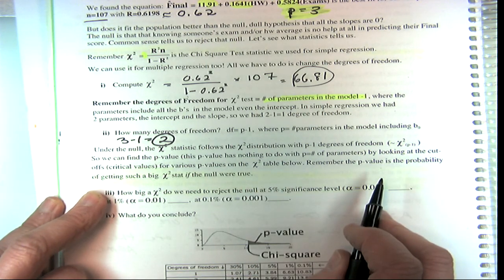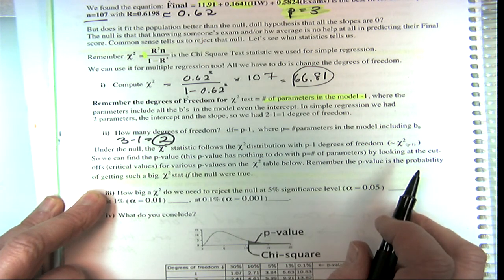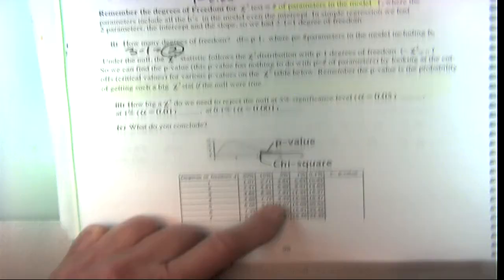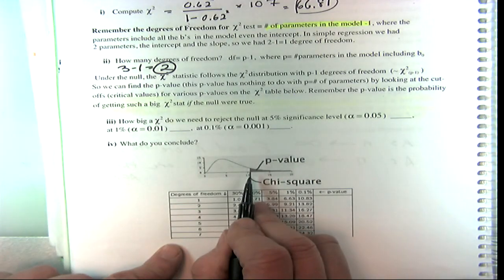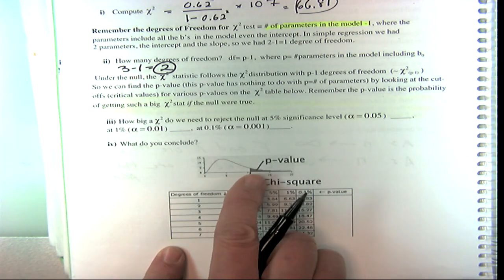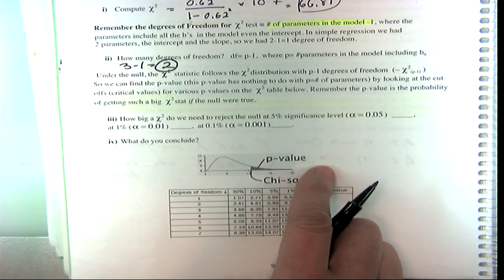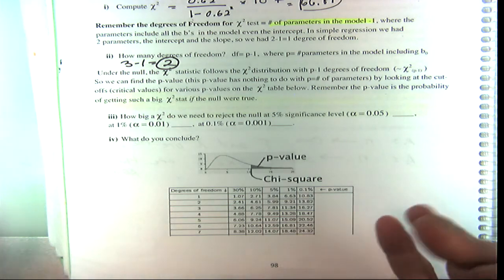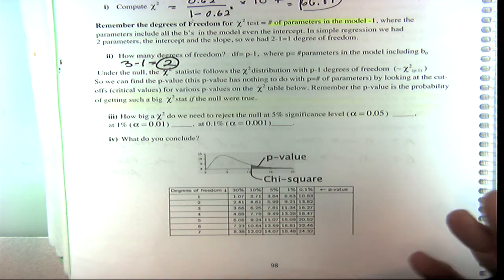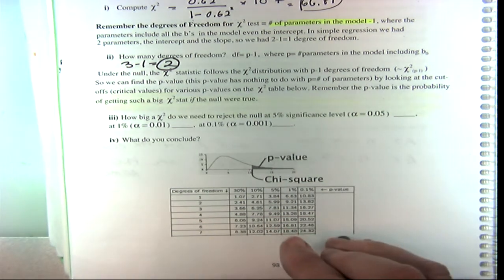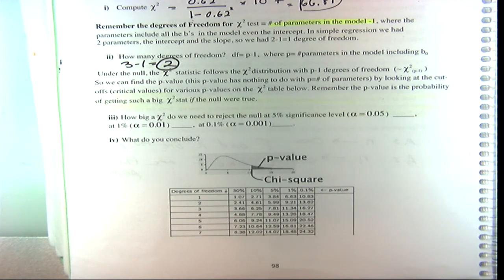By looking at these critical values, like here's a little tiny chart, these critical values give you the null cutoff, and then the p-value is the area under the curve that's even more extreme than that. So let's look at this.